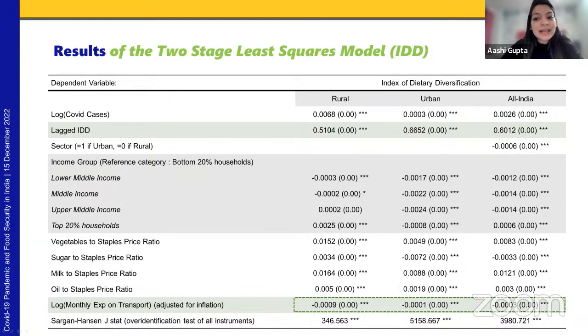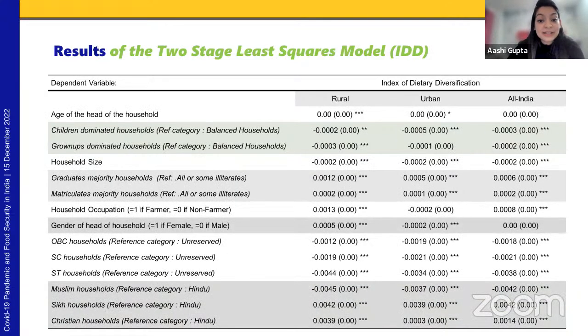So basically, higher monthly expenditure on transport is associated with higher dietary diversity among the households. Sixth, time dummies have significant negative coefficients in all specifications, implying that life cycle changes have led to dietary diversification.